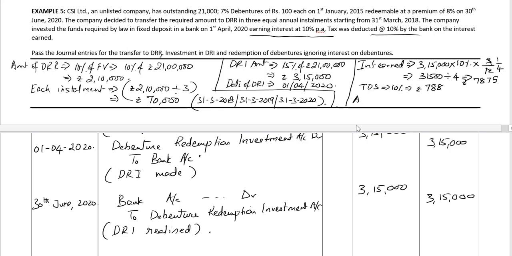So the amount received in cash is equal to 7,875 minus 788, which is equal to 7,087 rupees.